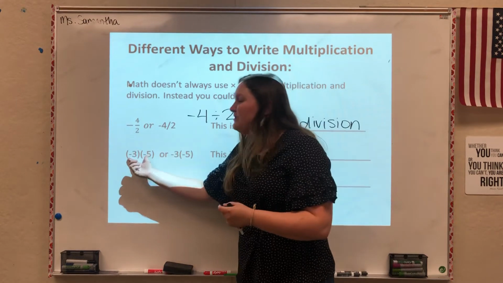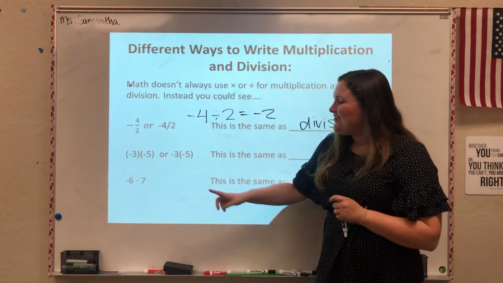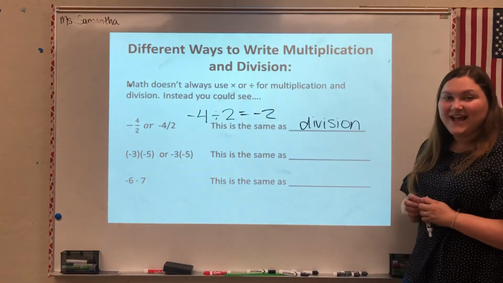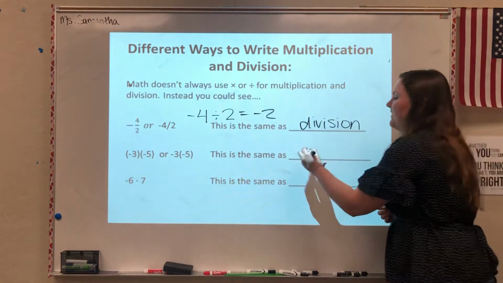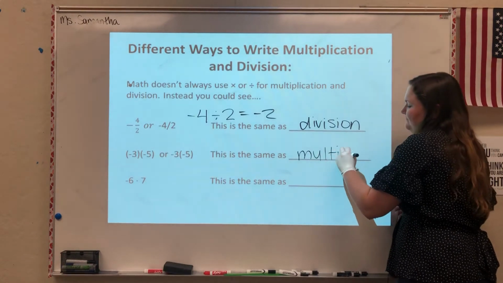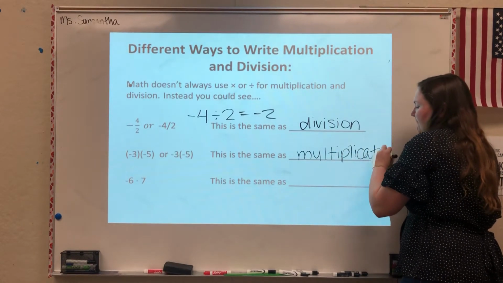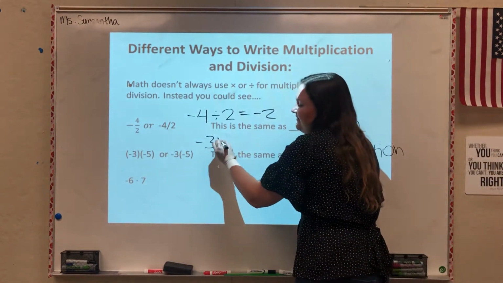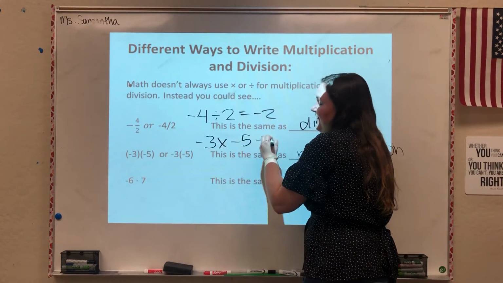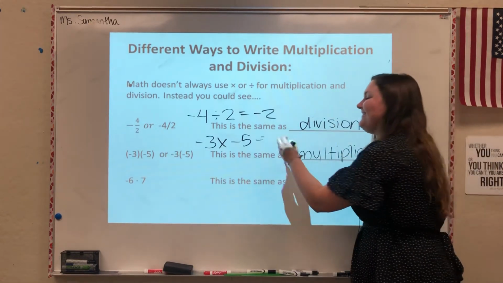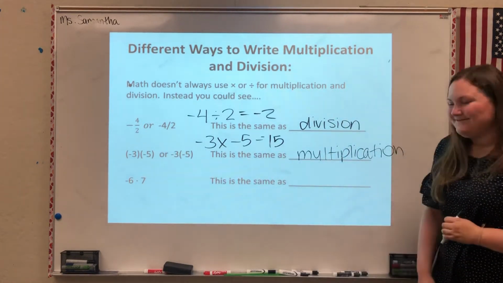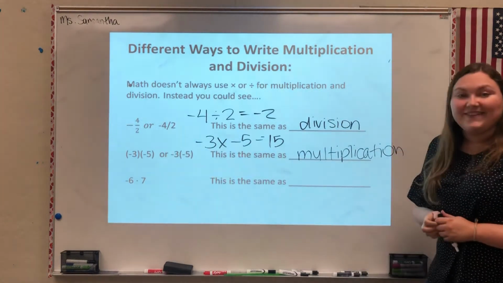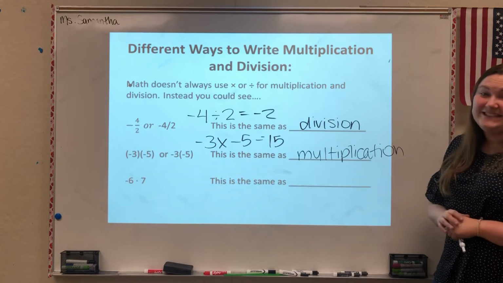So when you have two numbers right next to each other in parentheses, or a number right next to a parenthesis, that is the same thing as multiplication. Both of those problems mean -3 times -5, which for fun equals 15. Positive because both the numbers are negative. So that's our second thing, is we need to know what those parentheses mean.